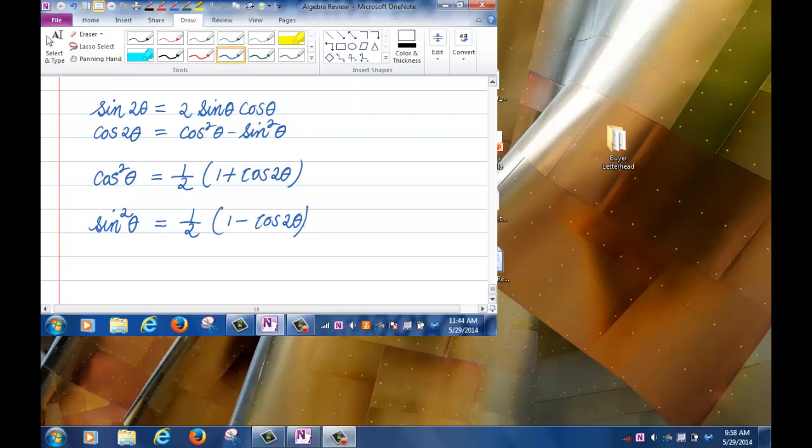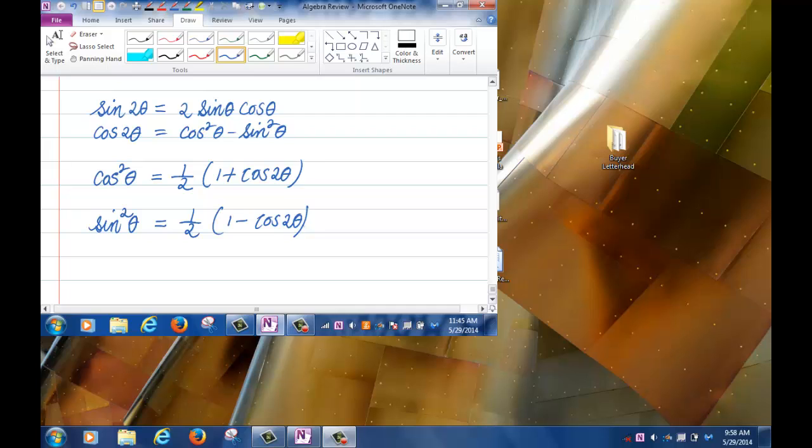Usually this is the form in which we need them. You use these 2 identities in order to reduce the exponent. Notice that the exponent here is 2, but the exponent here is 1.